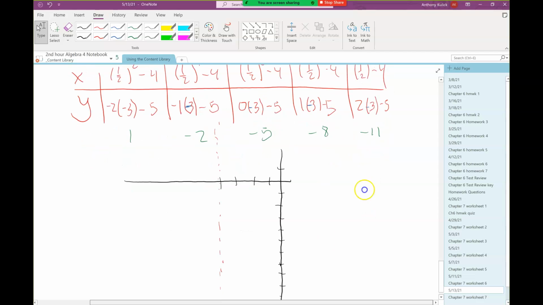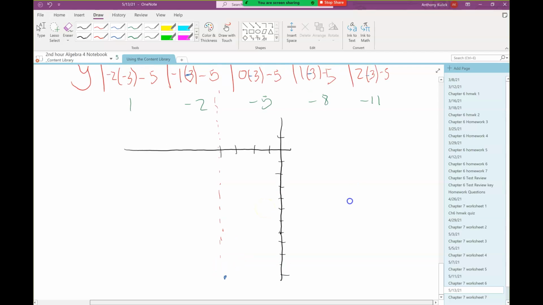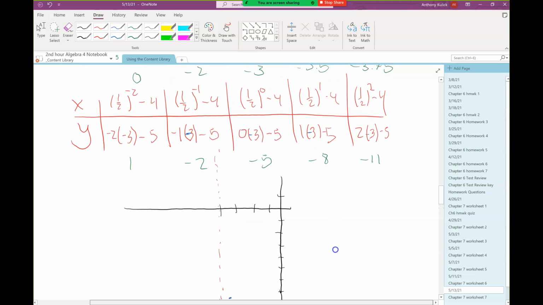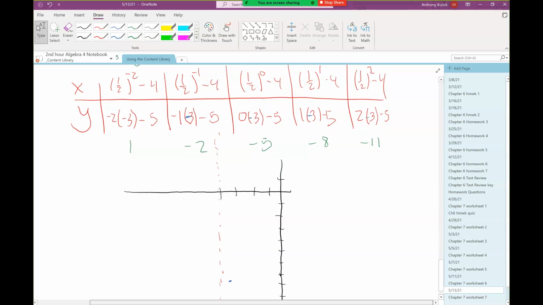So negative 3.75 and negative 11 is like here. And then negative 3.5 and negative 8 is like there. And then I have negative 3 and negative 5 is like there.